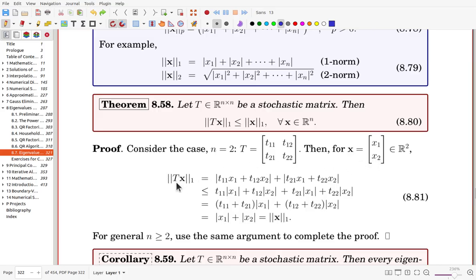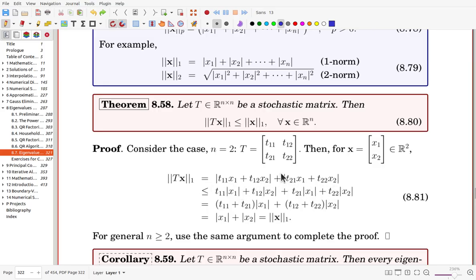Here, the 1-norm of Tx: the 1-norm is the addition of absolute values. Once you perform Tx, it will have two components, a top and a bottom, and the absolute values will be added. So from the definition, we have that.